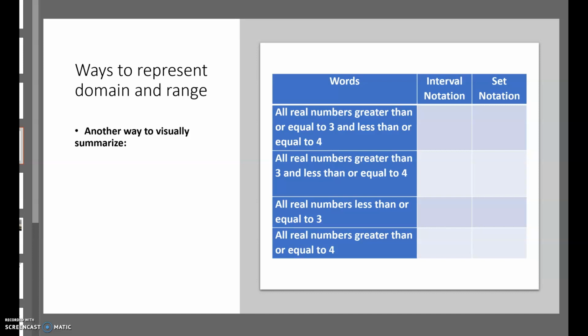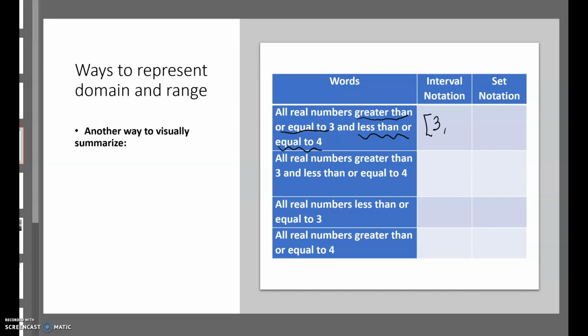All real numbers greater than or equal to 3 and less than or equal to 4. So they're bigger than or equal to 3, less than or equal to 4. So in this case, they're between 3 and 4, right? So for interval notation, we're going to have what's called a hard bracket.